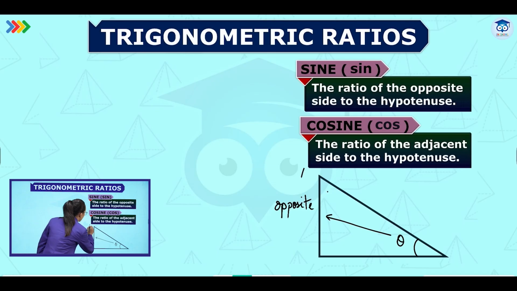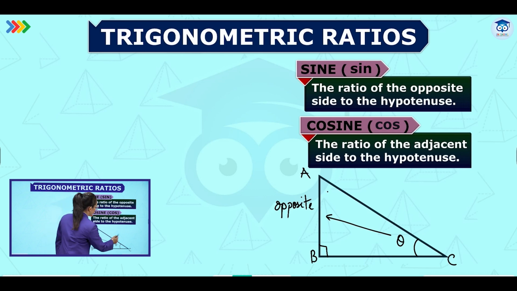Suppose this triangle is A, B and C, then we have AB as the opposite of theta, and this is 90 degrees. Obviously, AC is the hypotenuse. We have one more side which is next to theta.